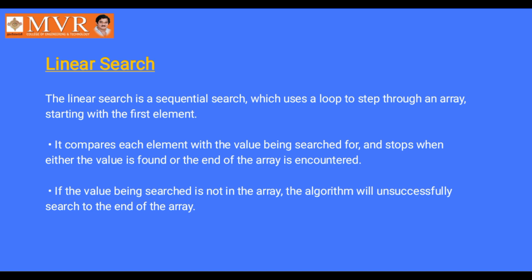That is, the element to be searched is searched in a sequential order. That is, starting from the beginning of the array, one by one element is compared with my key element and my search is performed. If I find the element, then I say that the search is successful.